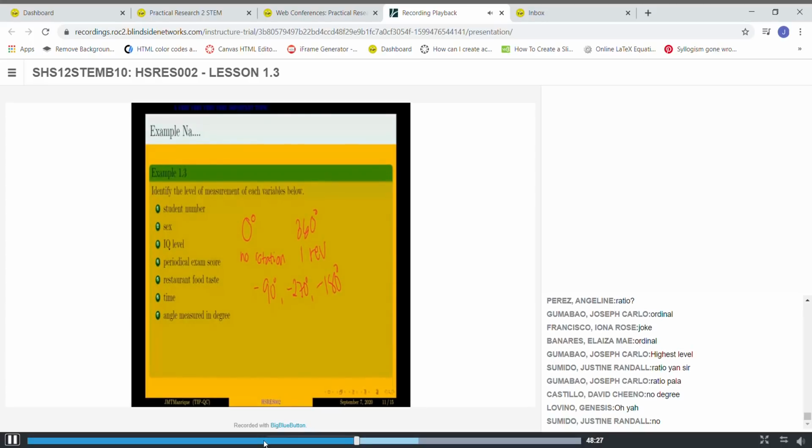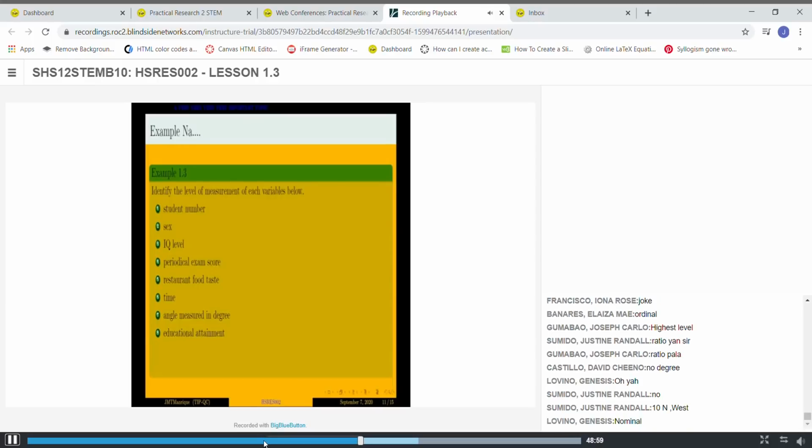Hindi niya naapektuhan yung value ng angle. It has nothing to do with the magnitude of the angle. Again, the negative sign here is just about direction. Ibig sabihin nito is clockwise rotation. Kapag positive, counterclockwise. So yung angle is a ratio data. Okay?